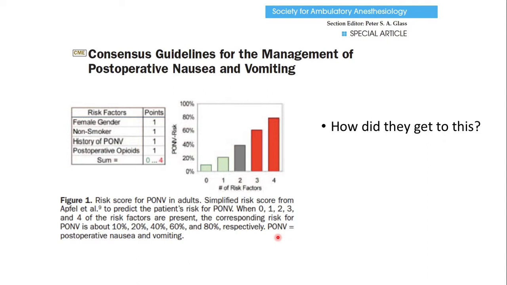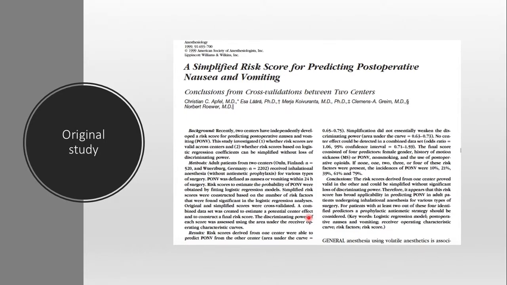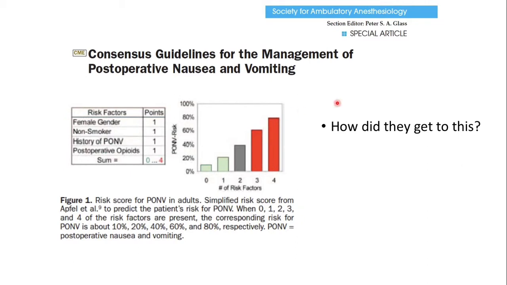And the real question is, how did they get to this point of coming up with these single point scores, and then coming up with the risks? So this was actually the consensus guidelines that were the most recent ones on nausea and vomiting.